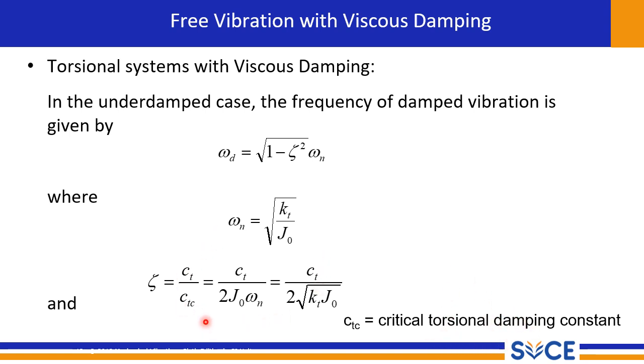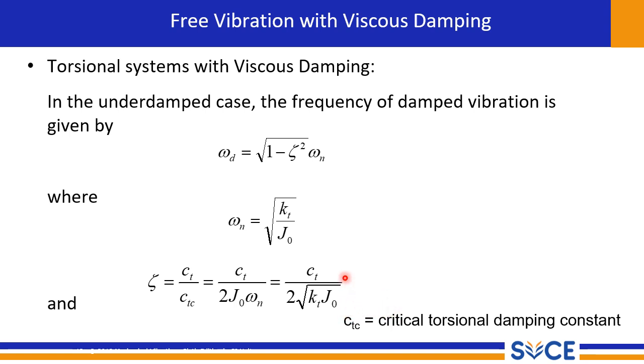Now this C suffix TC can be substituted with 2 times J naught omega n. Similarly, substituting omega n as root of K suffix T by J naught, we can rewrite the same. The ratio C suffix T by C suffix TC can be represented mathematically like this.